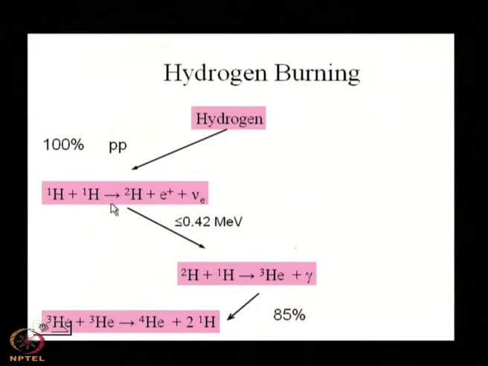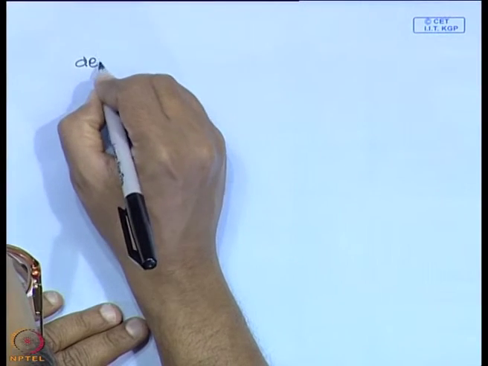They form some short-lived, unstable intermediate state. That intermediate state decays, and as a consequence you get this isotope of hydrogen called deuteron. So, two protons produce deuteron.